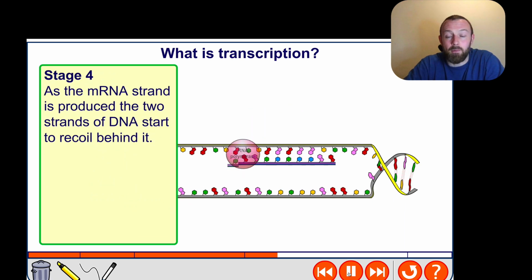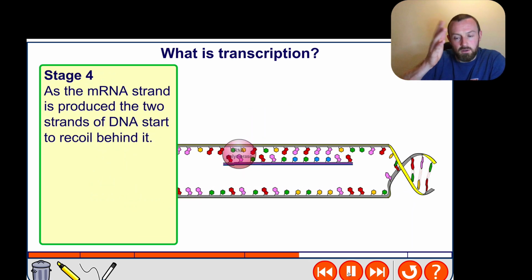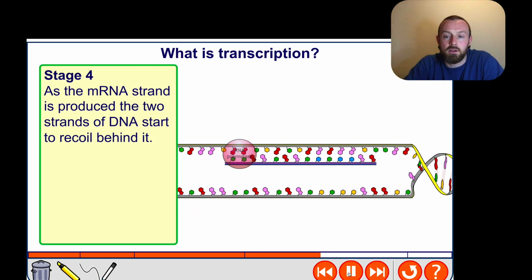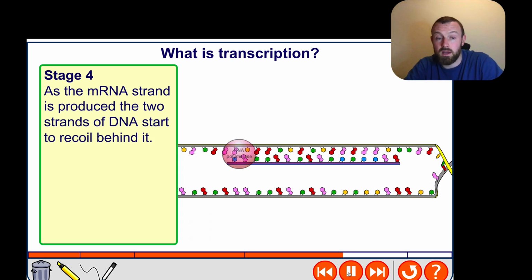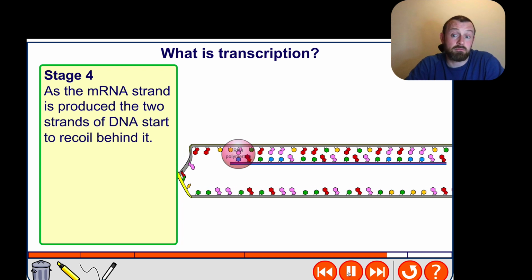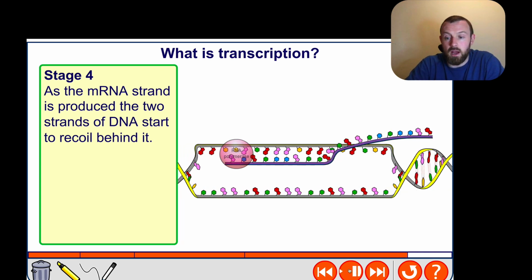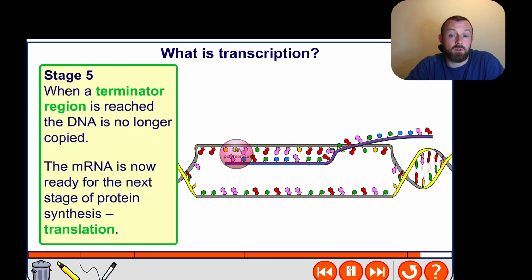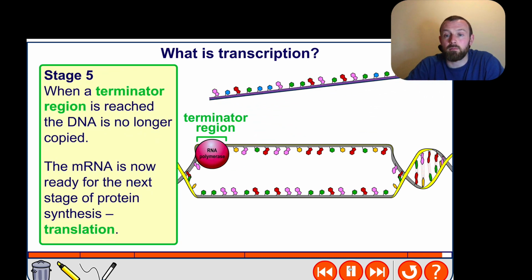As the mRNA is produced, it starts to slowly peel off the DNA further back, and it will then exit the nucleus. Now, you know from studying module 6.1 that it may also be processed and have introns removed by the spliceosome. So that was the process of transcription.